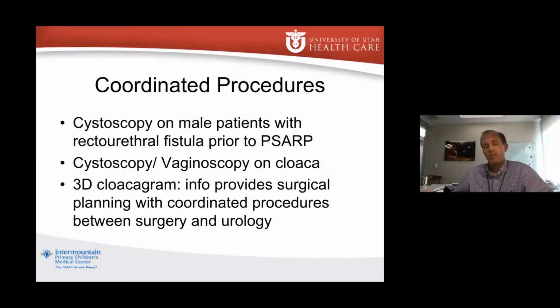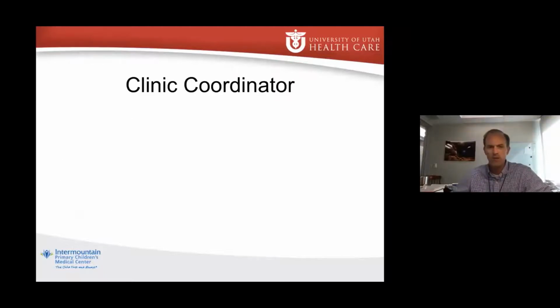And then the 3D cloacogram requires placement of catheters in the vagina as well as the bladder. In order to do that and make sure you're in the right place, you really need to do cystoscopy. So we'll do that together with examination under anesthesia, and then wake the baby up and send them downstairs to imaging for the 3D cloacogram. And we've developed a process for doing that that works pretty well.